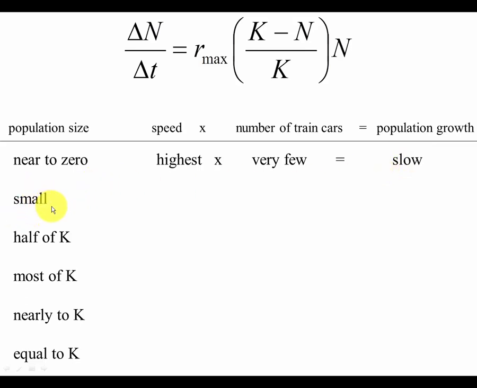When you have a population size that is reasonably small, each individual is reproducing pretty rapidly. Not the highest possible rate, but still pretty rapidly. And there are more individuals than there were here, and so you're cranking out more offspring than you were before, but really population growth is kind of middling here.